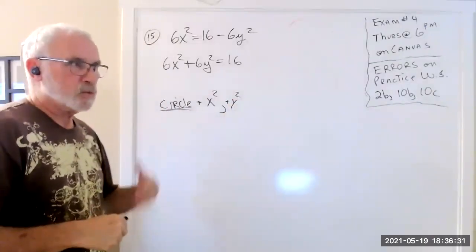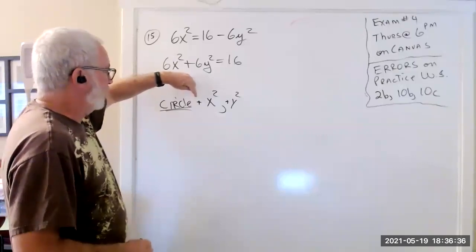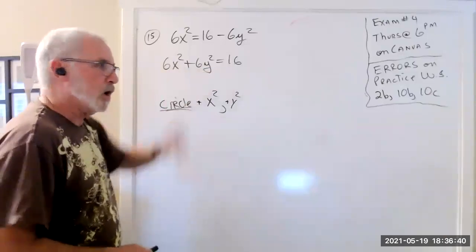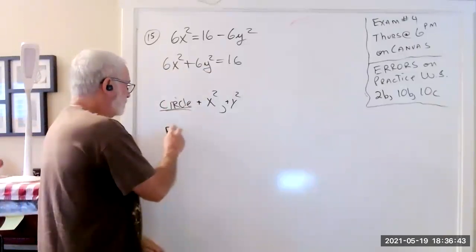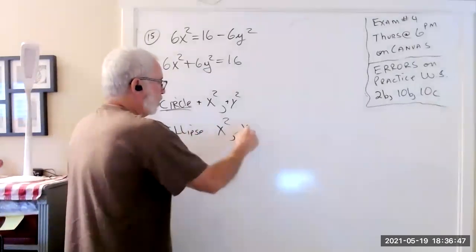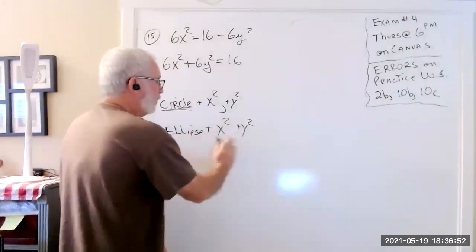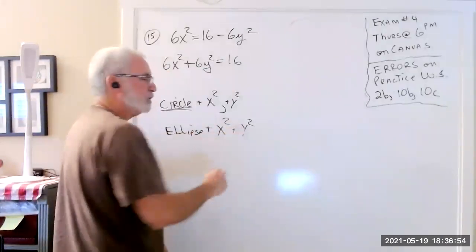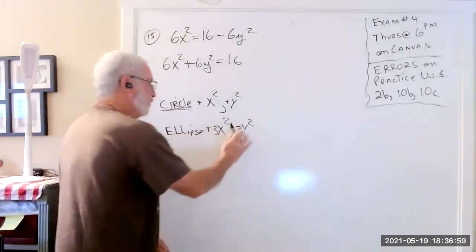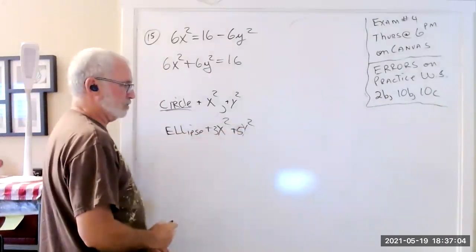I know I didn't write it, but I know I said it. So for a circle, the coefficients have to be the same, usually 1. For an ellipse, you have an x squared, you have a y squared, they're both plus, but the coefficients have to be different. Okay, 3 and 5 or something like that. They have to be different.